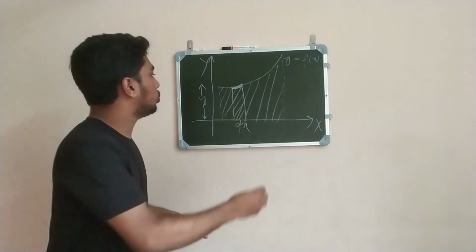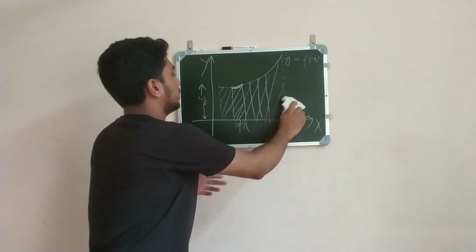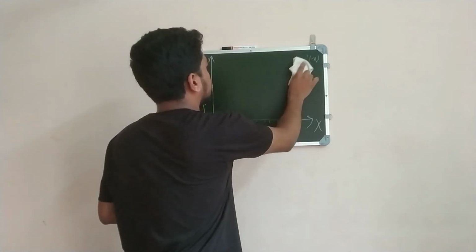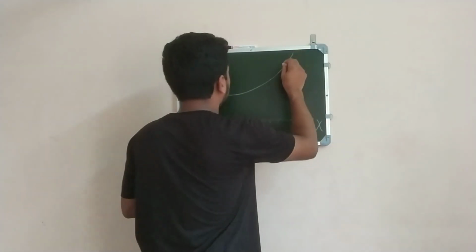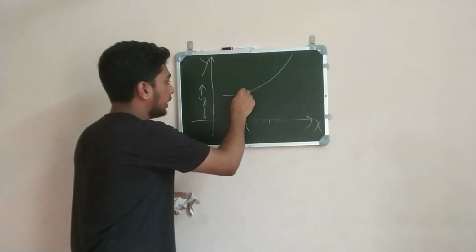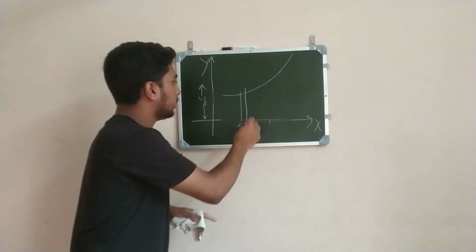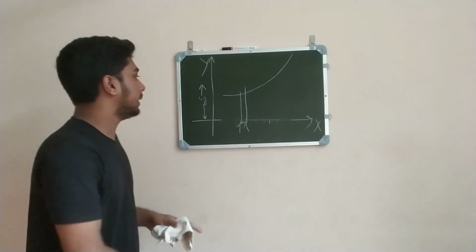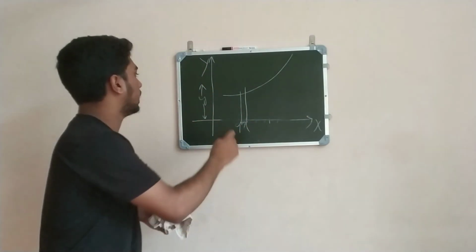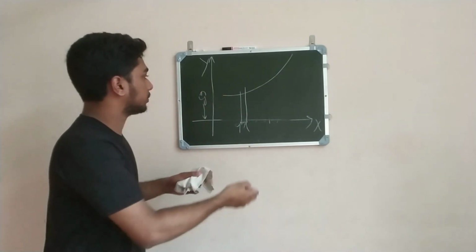then I will divide this curve. We had a curve which looked like this, and I had taken a small element whose length was dx, and height was y, up to this.